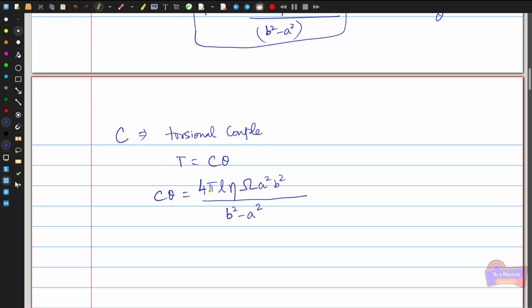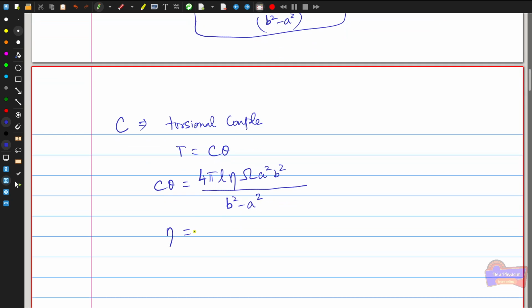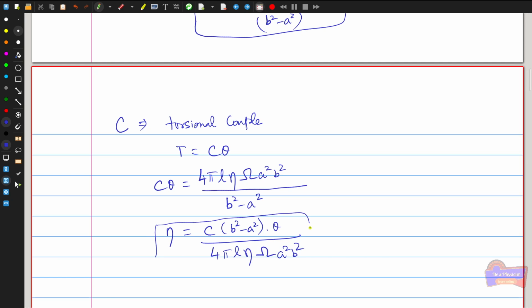So rearranging this equation, eta is equal to C times b squared minus a squared into theta divided by 4 pi L omega a squared into b squared. So this is the expression which is used to find the coefficient of viscosity of the corresponding liquid.